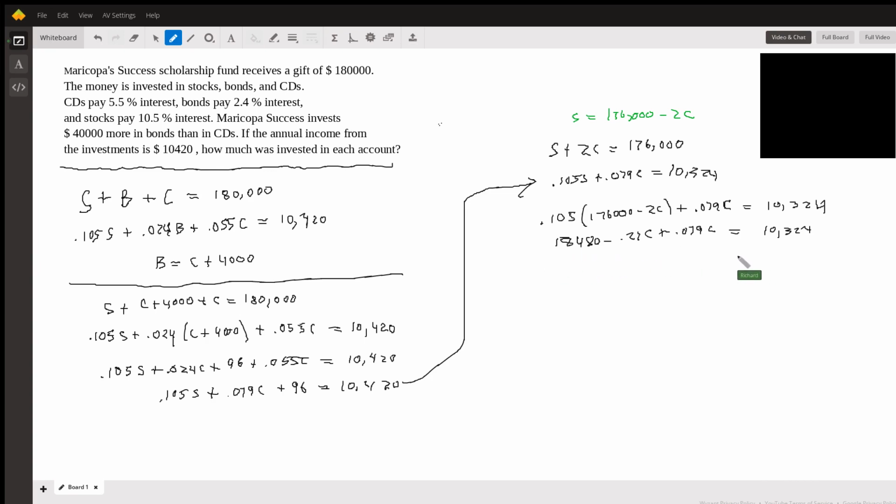Let's bring over the constant. So it's 10,324 minus 18,480. This gives me a negative 8,156.